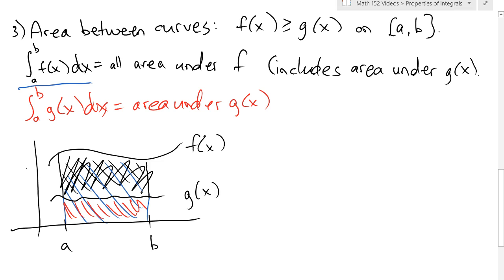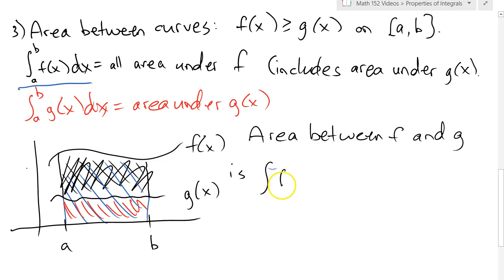Well, I just take all the area under f and I subtract out the area under g. So the area between f and g is, well, it's the integral of f of x minus g of x. Oh, sorry. It's the area under f minus all the area under g.